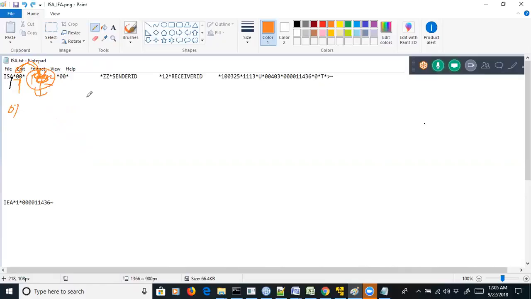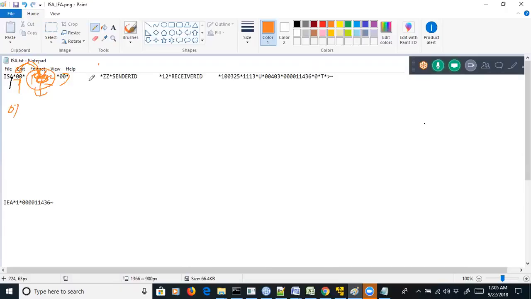Suppose your partner wants to send different information, they will tell you, I will send 05, and look at the EDI specification, 05 means this. So expect a password or RSA token in the fourth field, and the qualifier is 05 or 06, something like that.